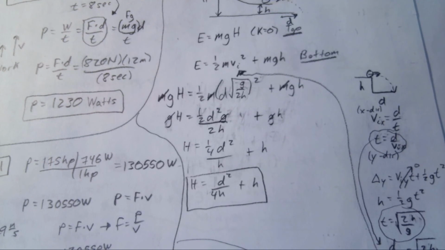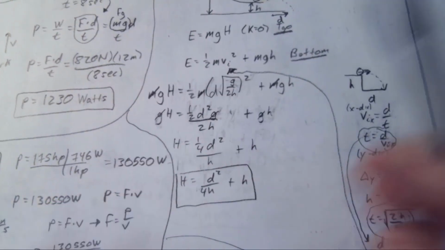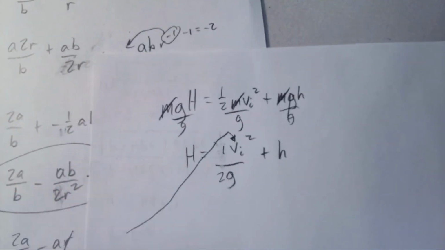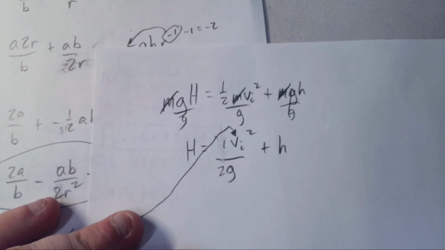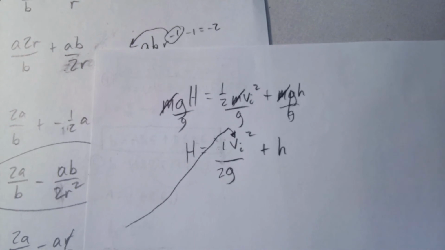And so that's a lot. Let's break it down again. How do we even get this equation right there? It goes back, and this is really important, that the total energy at one place has to be equal to the total energy at another place for the isolated system. There's no friction in this problem.